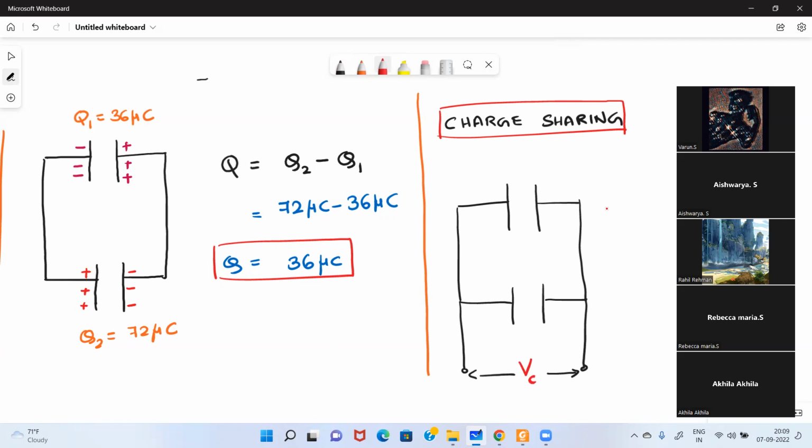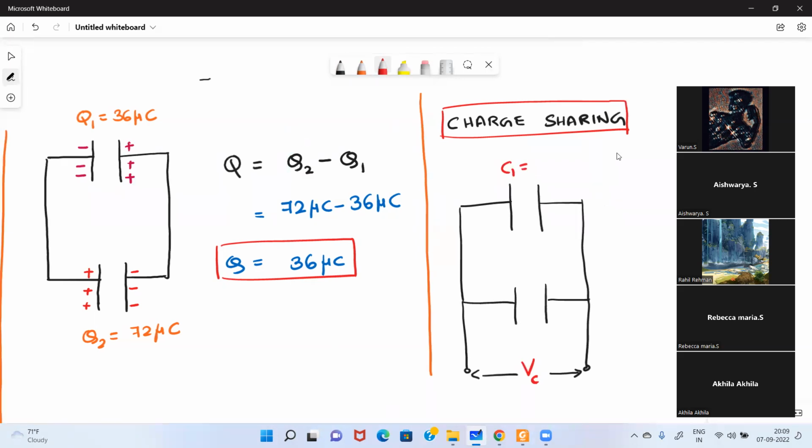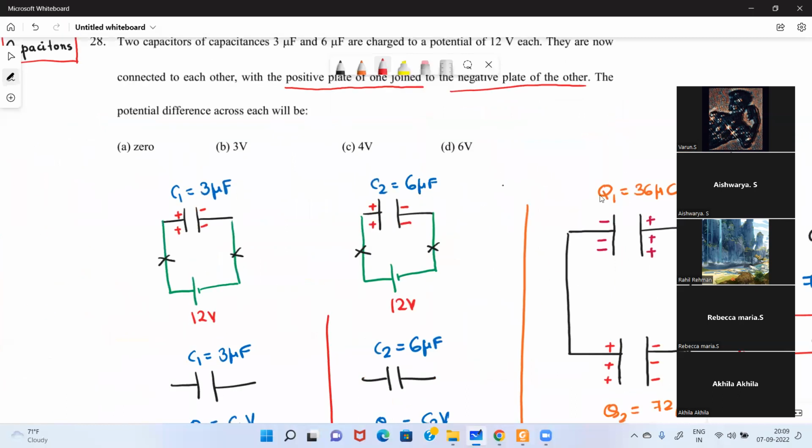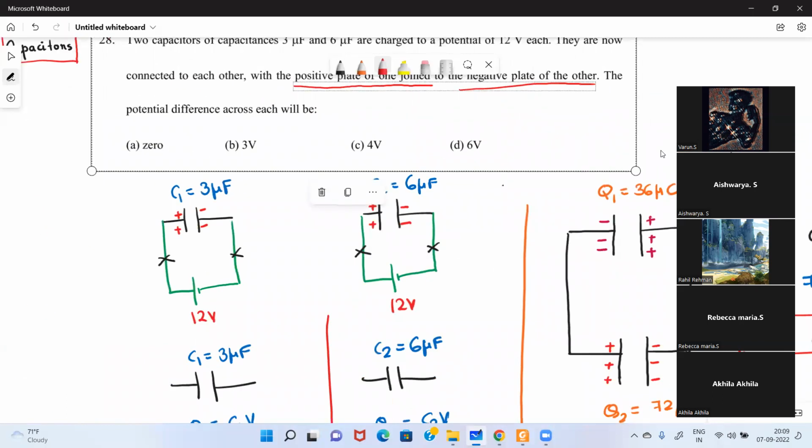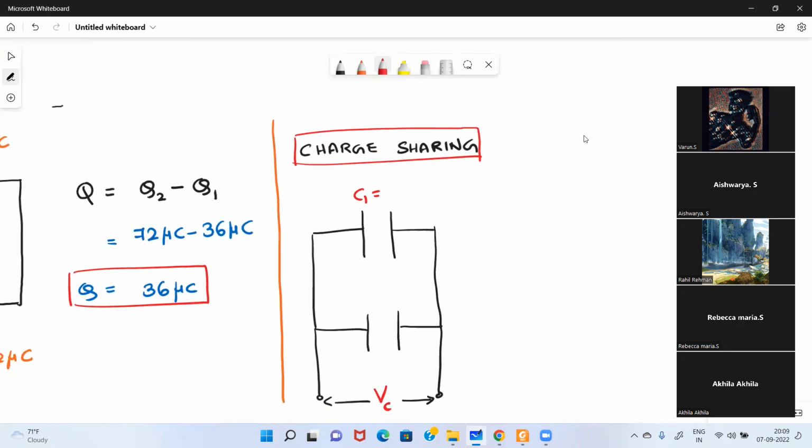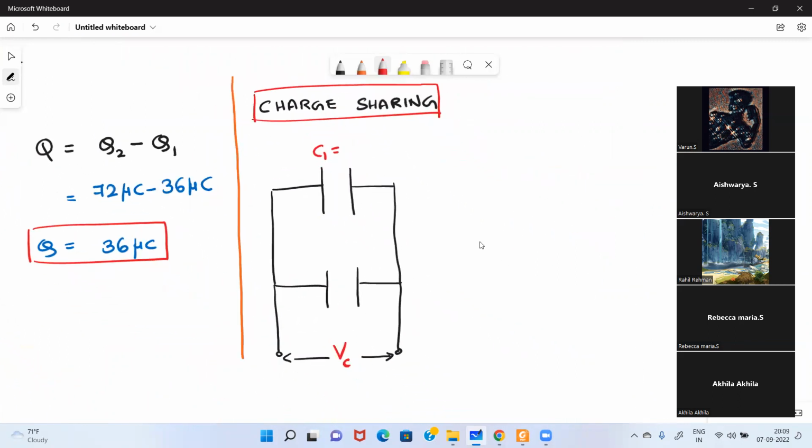Okay. Now, what are the two capacitor values? 3 microfarad and 6 microfarad.